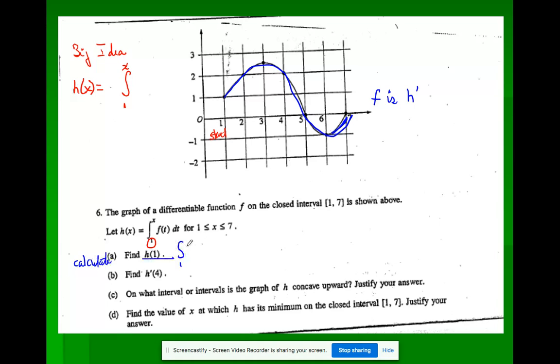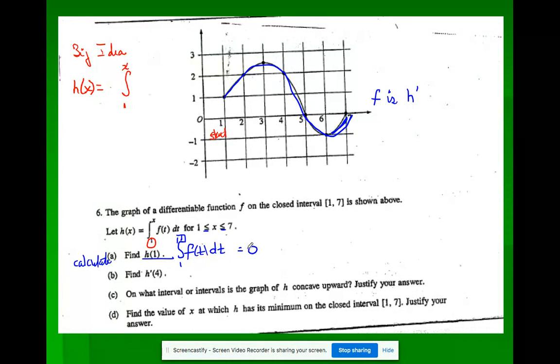So 1 to 1 under the graph of f is going to be 0, right? The graph I can't see, I have 1 point on it because I started at 1 and they told me to stop at 1. Don't forget endpoints are included here. They're telling me to use the accumulation function from 1 to 7.